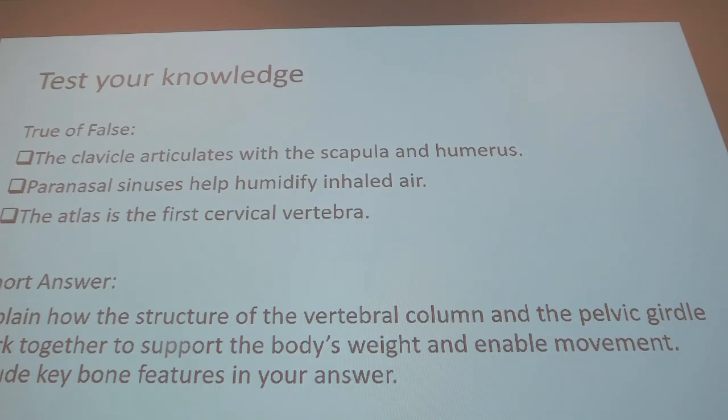What part of the femur receives first the weight of our body? The head. And then from the head, the weight goes into the neck, and then into the shaft, and then into the lateral and medial condyles, and from there goes into what bone?